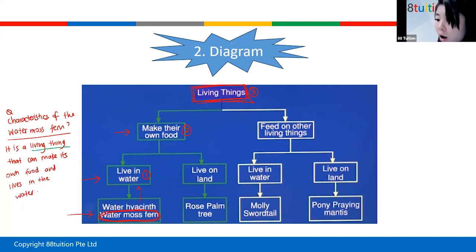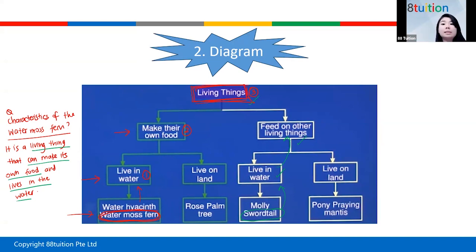All of the characteristics I got from the diagram itself. So this diagram is actually very useful. Let's try again. The swordtail, what are the characteristics of the swordtail? I move up the diagram. It lives in water. It feeds on other living things, and it's a living thing.